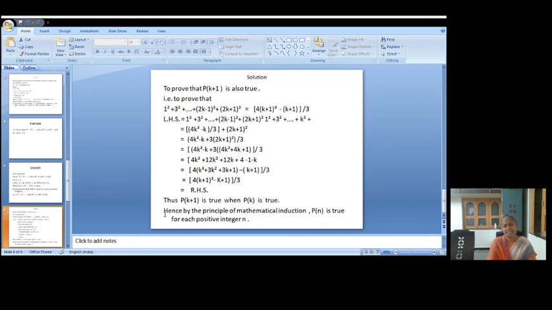Now here we take 1 square plus 3 square up to (2k minus 1) square. This value is nothing but (4k cube minus k) upon 3 plus the remaining term as it is, that is (2k plus 1) square.